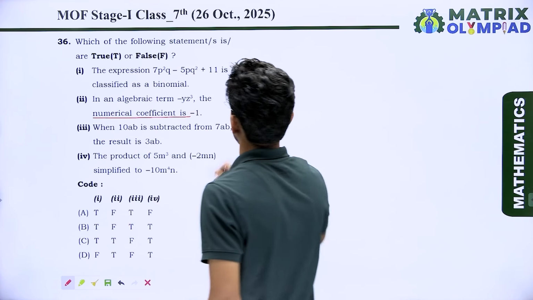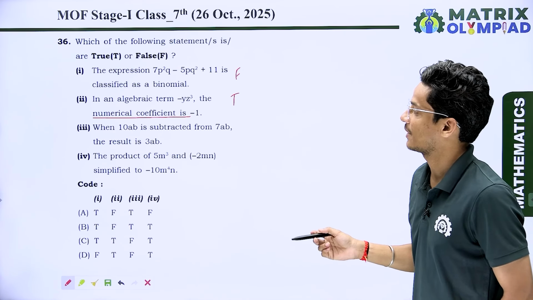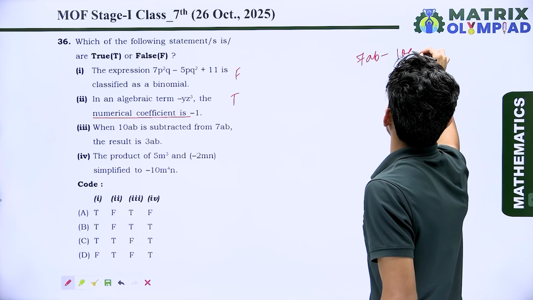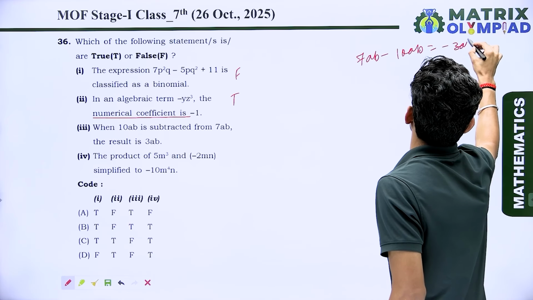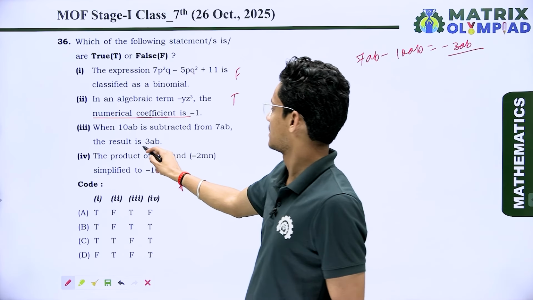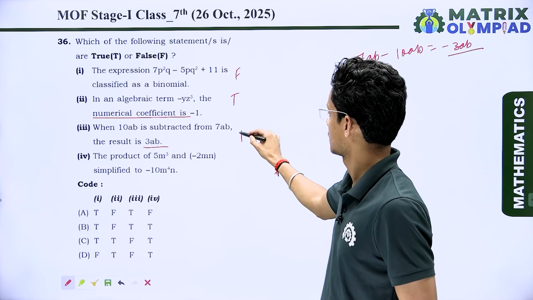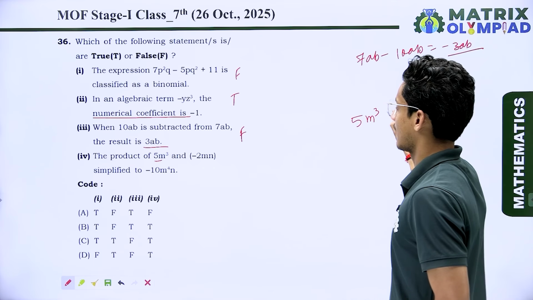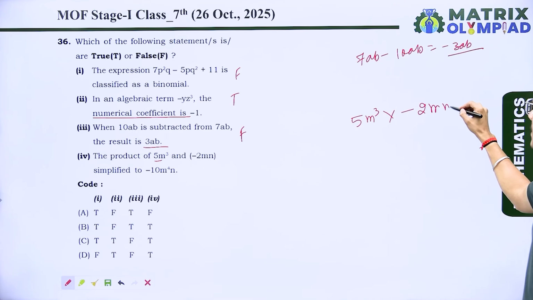This one is true. Next, when AB is subtracted from 7AB, I can write minus 3AB, so we get the result 3AB. No, this one is false. Next, the product of 5m cube and minus 2mn.